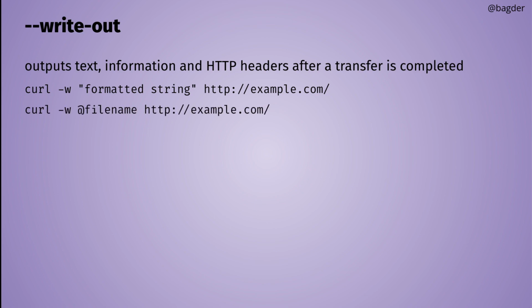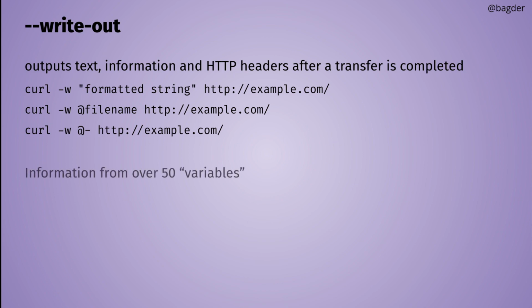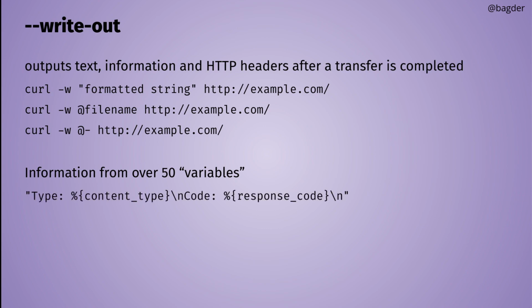You can read that string, for example, from a file, or you can get it from standard input if you want to. And in that formatted string, there are over 50 different variables, and you can use them like this. If you want to output the content type from the response, or the response code from a server, or whatever, there are lots of different variables here. As you can see, the variables are accessed with a percentage sign and braces around the variable name.